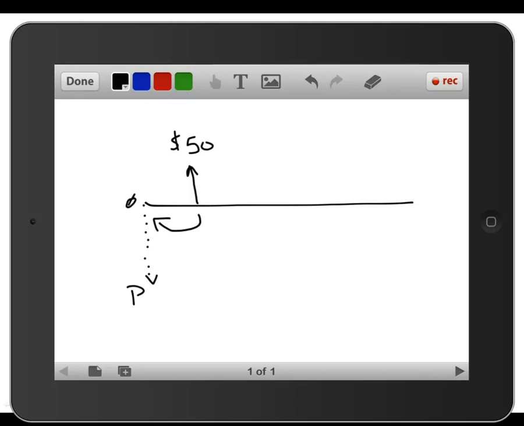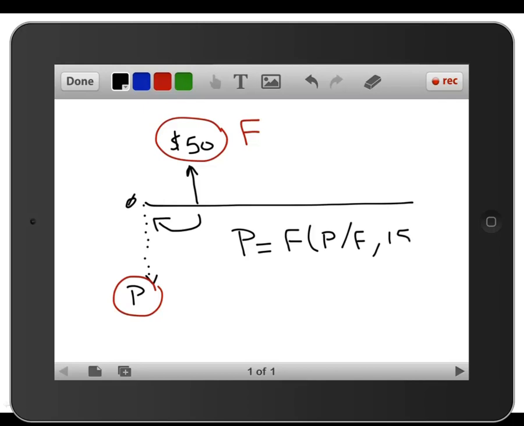I will consider this as the future value. So this is the F value. I need to bring this future value to the present value. And to do that, we can write P is equal to the future value F multiplied by P given F with 15% rate and 1 year.